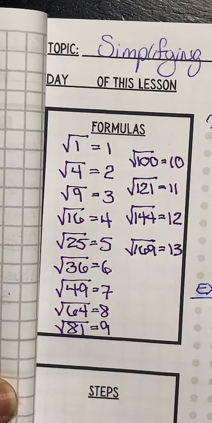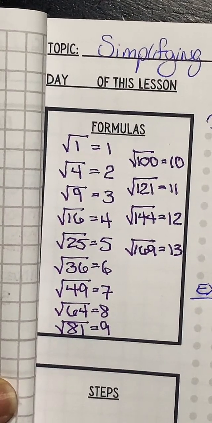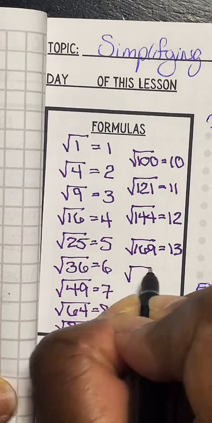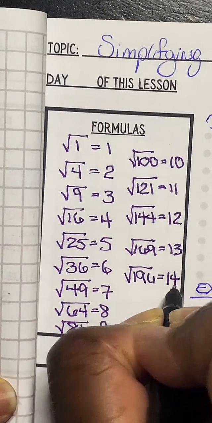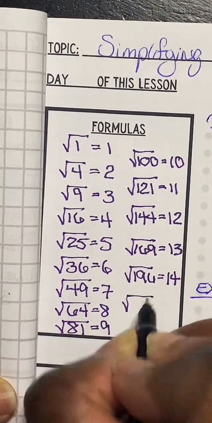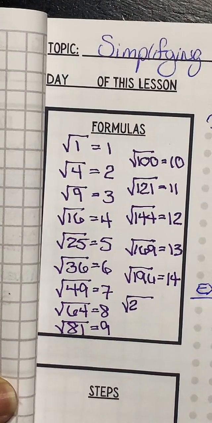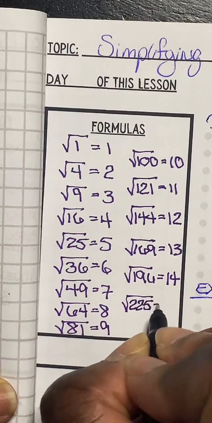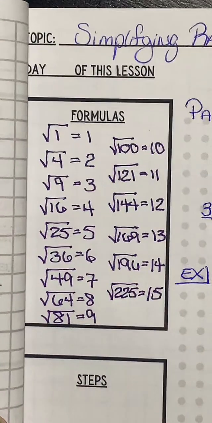I think it's 216 if I'm not mistaken. I'm surprised I'm able to do a lot of this in my head. No. 196. And then we got our 225. All right, so, okay. Just wanted to make sure, because I am doing this in pen, being very rebellious.